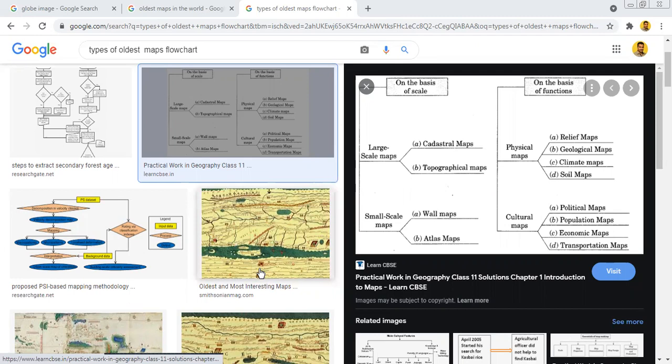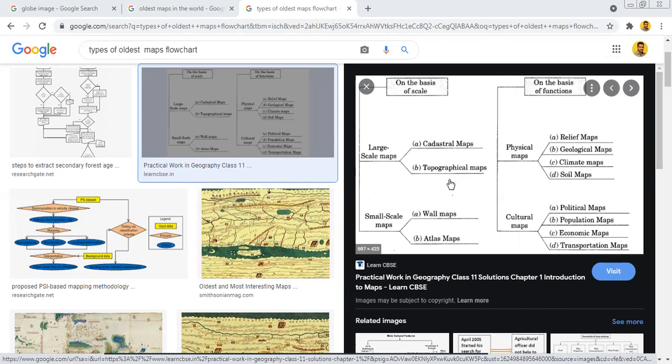Here you can see maps on the basis of scale: large scale maps, cadastral maps, which explain the features of the land records. Next, topographical maps, which also explain the Earth's surface. Next, small scale maps, wall maps, and atlas maps.